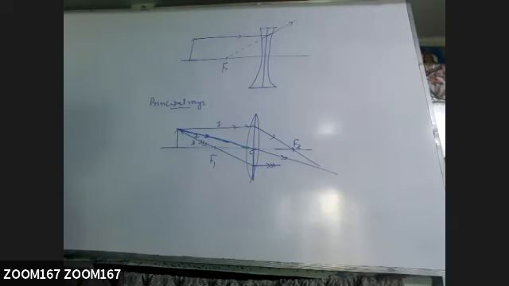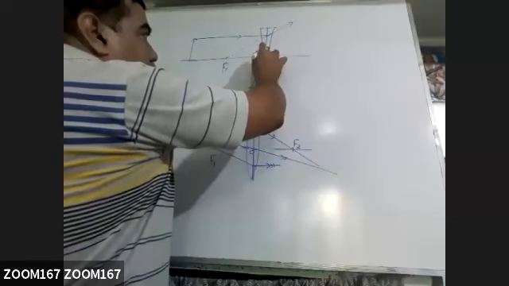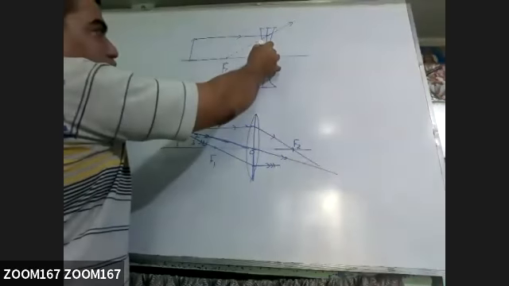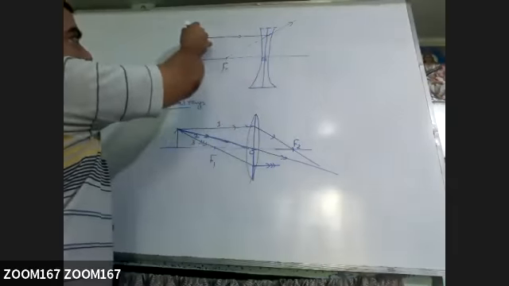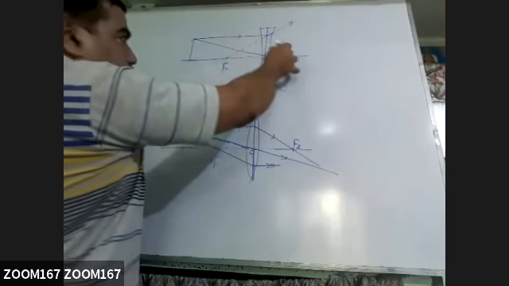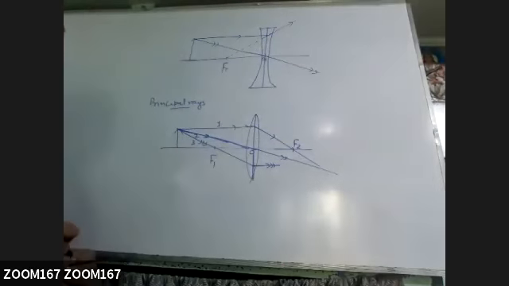Now, what is the second ray? It passes through the optical center, and you will join this point and this point. So this is our second ray. You have to draw by scale only.